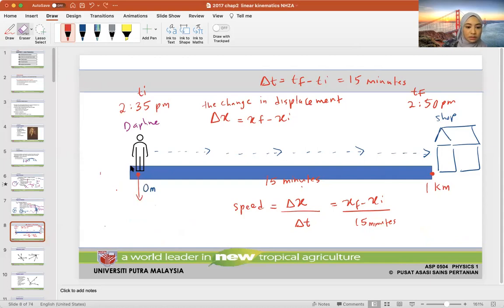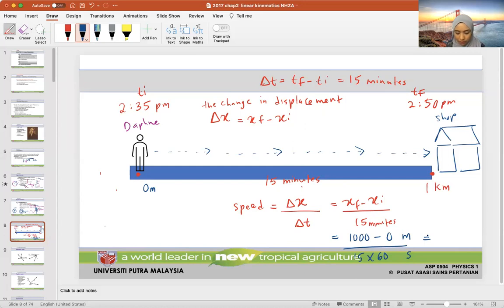X final is 1 kilometer, 1000 meters, minus 0, over T final minus T initial, which is 15 minutes, or if we convert to seconds, 15 times 60. This is in meters and this is in seconds. You can do the conversion that I taught you earlier. I want to go quickly here. So 1000 over 15 times 60.